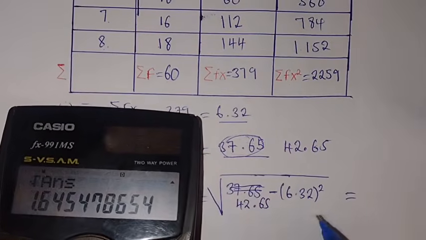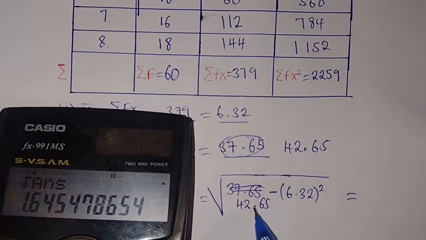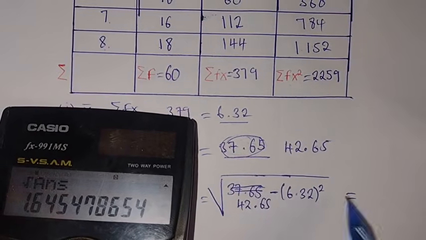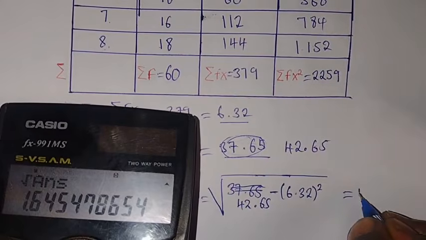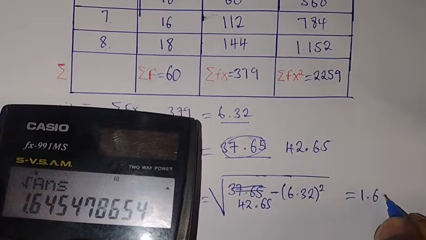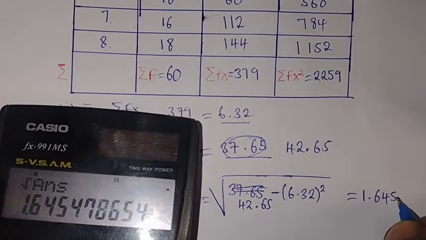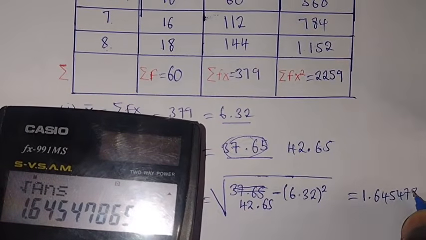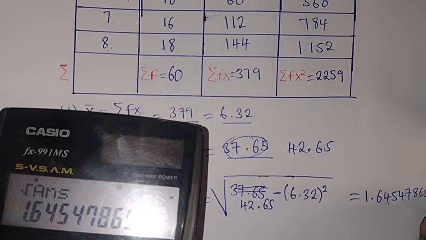Right, so when you punch square root of 42.65 minus, in brackets, 6.32 squared, you'll get 1.645478654.